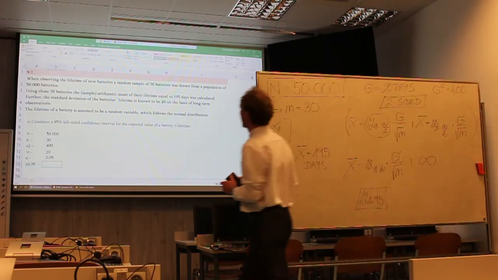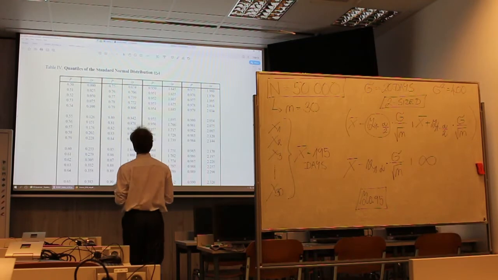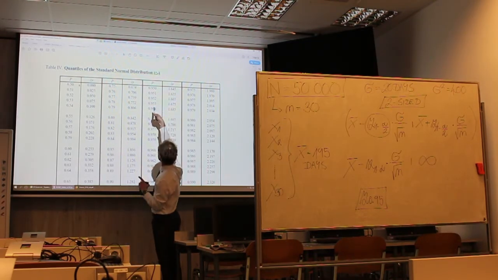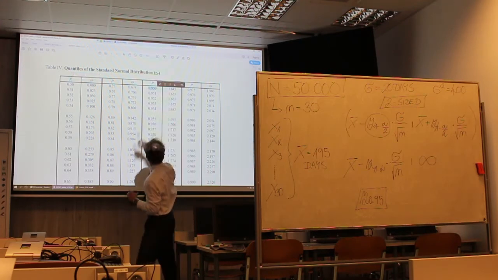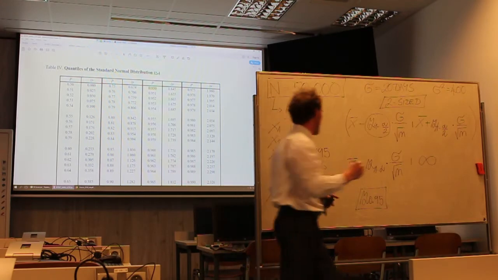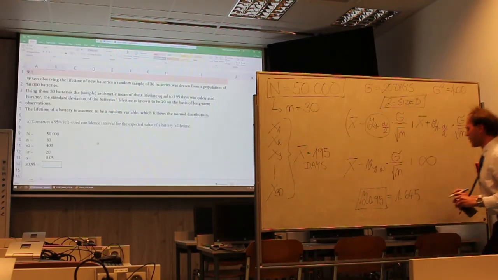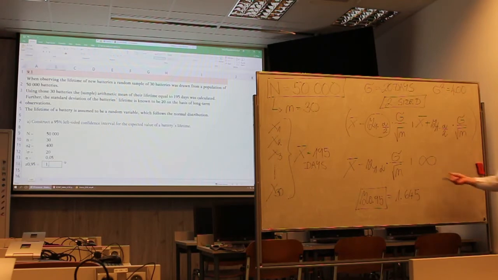If you check the statistical tables, the quantile of the standard normal distribution at p value 0.95 is 1.645. We will use this quantile and construct this confidence interval.